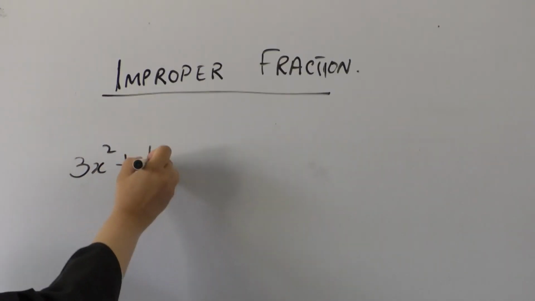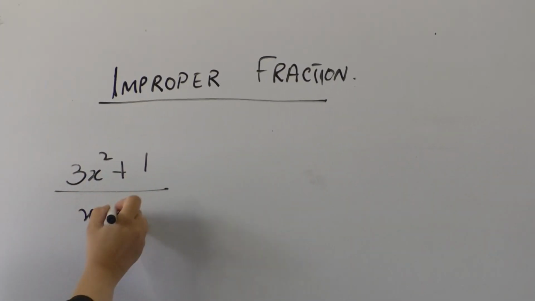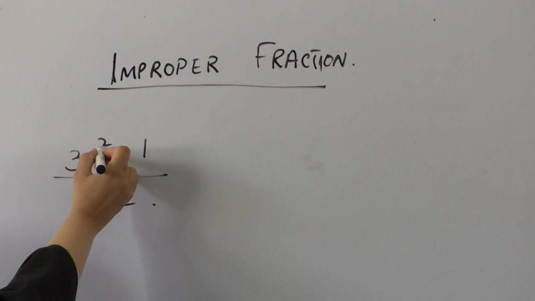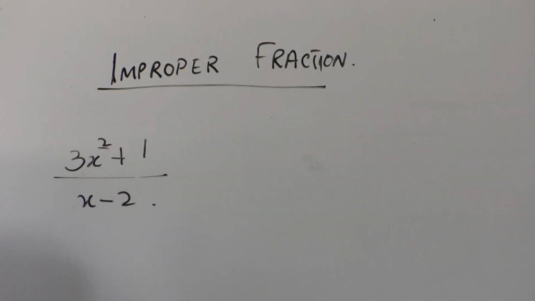3x square plus 1 divided by x minus 2. Look at the power of x in the numerator.